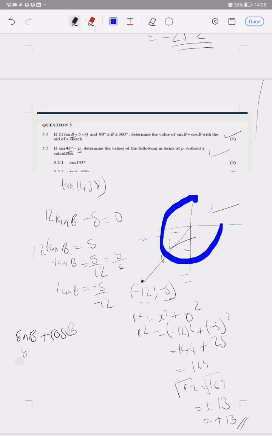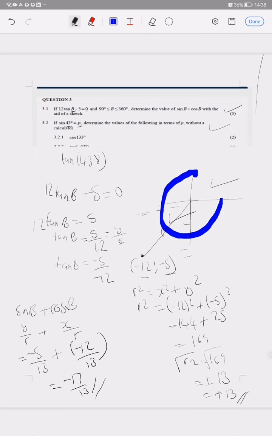So I know I'm dealing with y over r plus x over r. So what is my y? It is -5 over 13 plus -12 over 13. What am I getting? It is -17 over 13. So that will be the solution for this case.